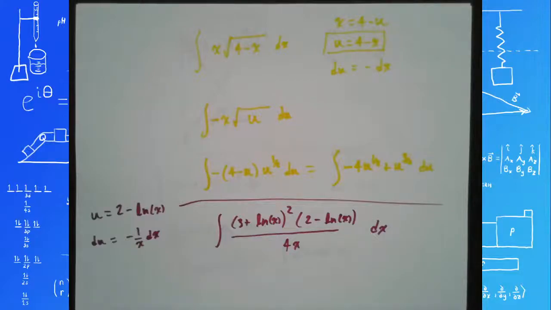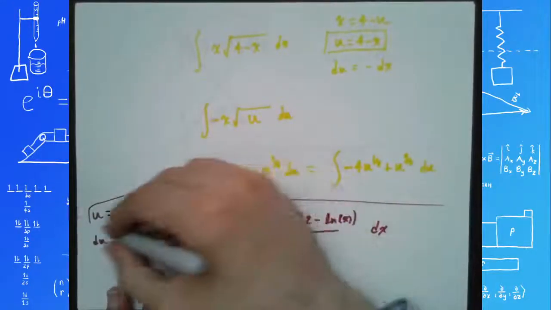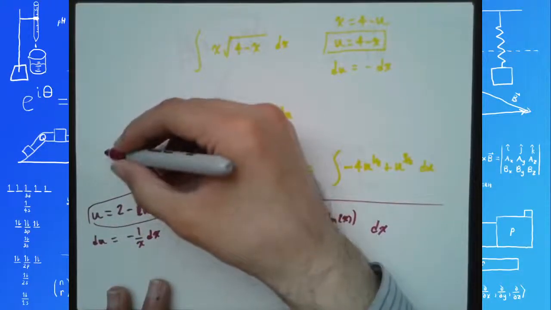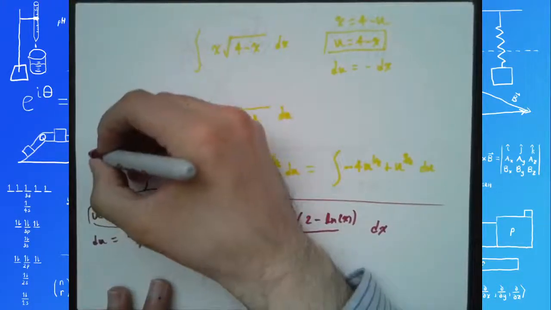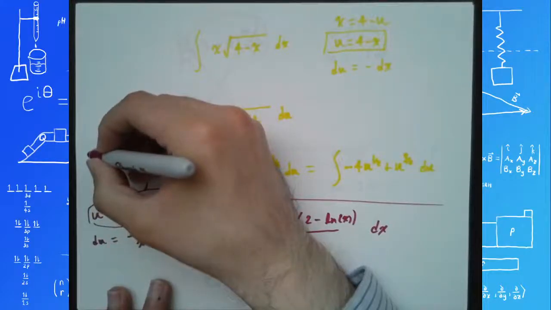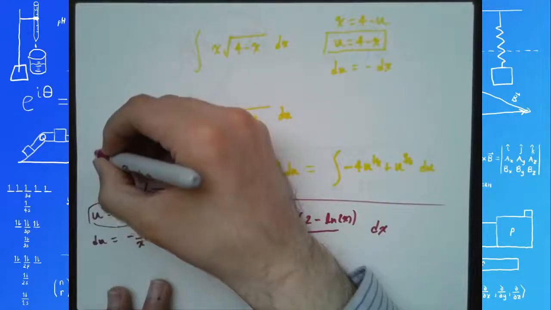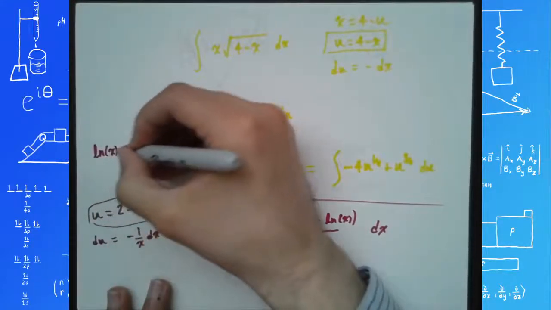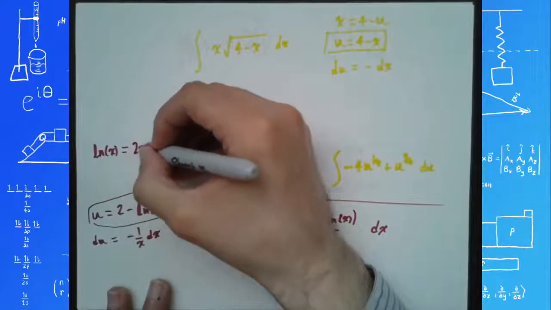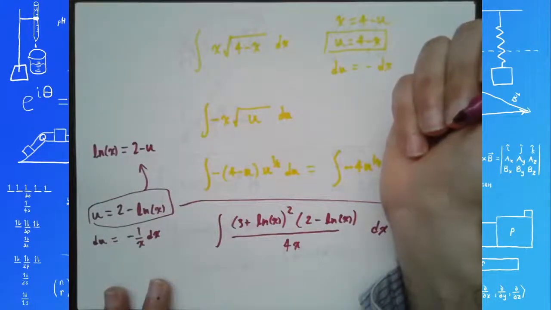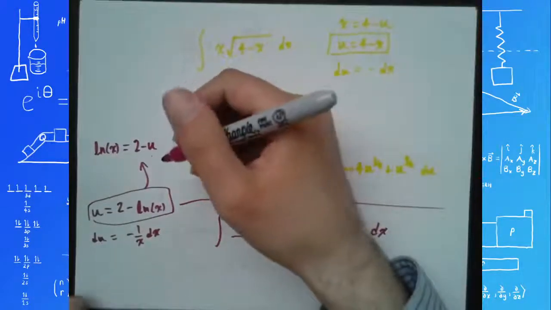Well, I guess we could solve for natural log of x from here. Let's see, add natural log of x to the left, subtract u to the right. So we would get ln of x equals 2 minus u. Does that work? Yeah, I suppose it does.